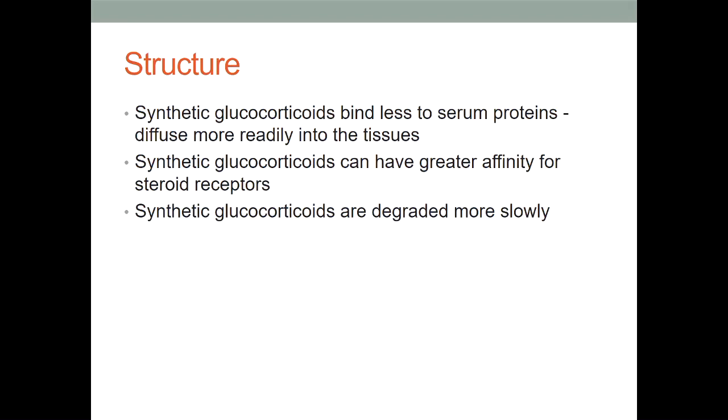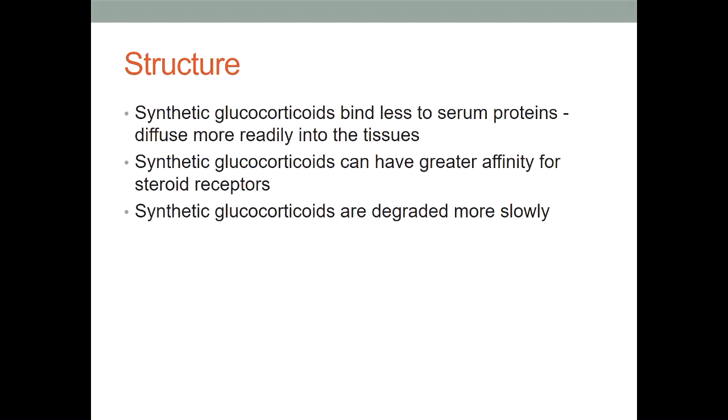Some of the other things that are important about synthetic glucocorticoids, again, remember you just add little things here and there and you can change the properties. Not really important that you remember that. We also know that pharmacologically, when you make drugs, you're going to want them to hang around. We're going to talk about this a little bit more when we talk about insulin therapy, because that's a biggie in insulin therapy.